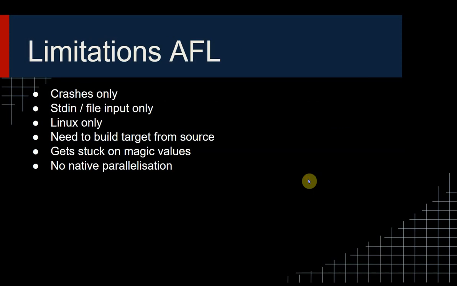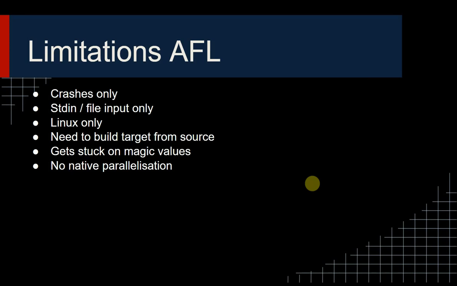Now, there are some limitations to AFL. It will only identify crashes, so it will only identify memory issues. It will take input only from standard in or from files. It will only work on Linux at the moment. In order to get the best results, you need to build your target binary from source using the compilation process that AFL has built into it.